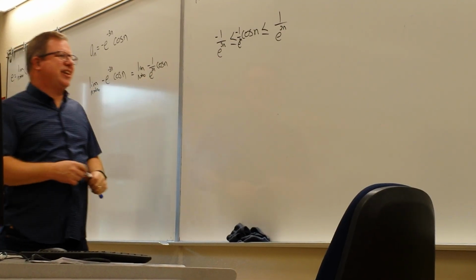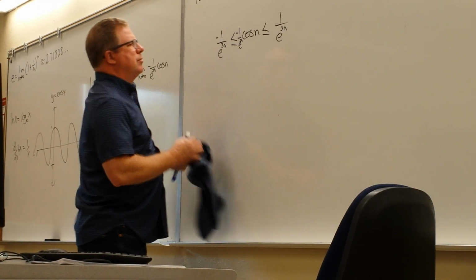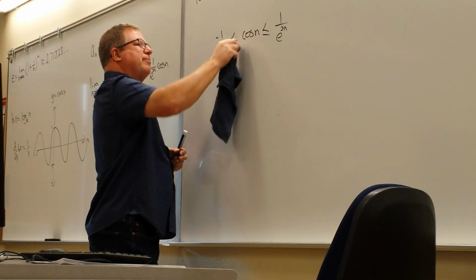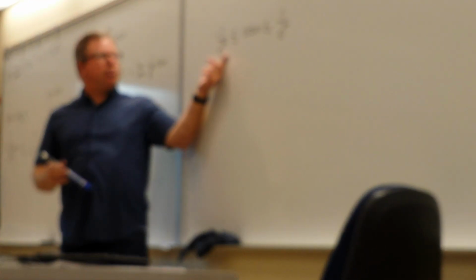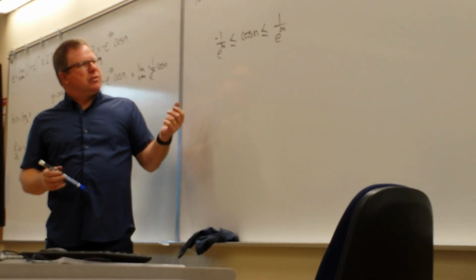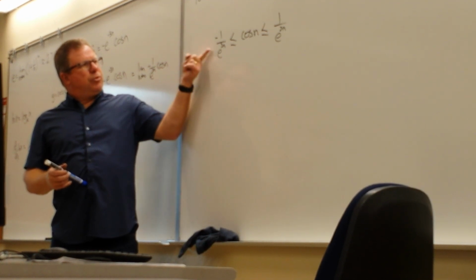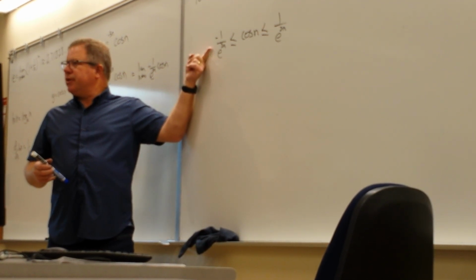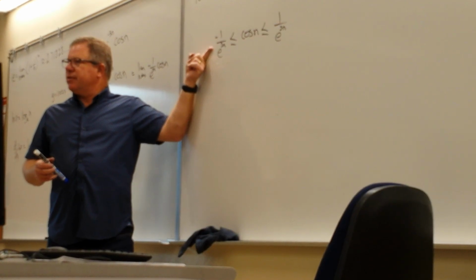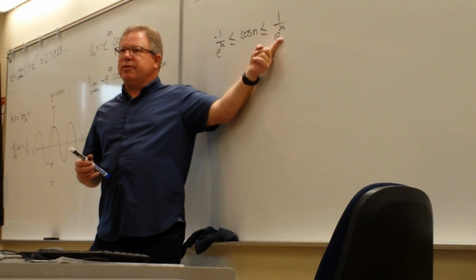My point is, cosine has to be between these. What's this approaching as n goes to infinity? 0. What's that approaching? 0.